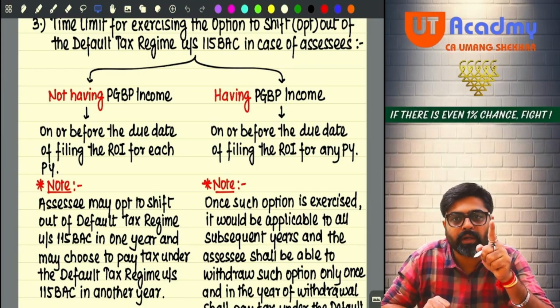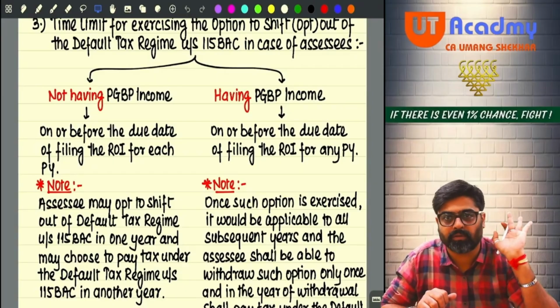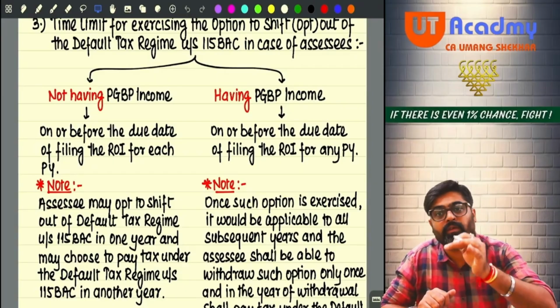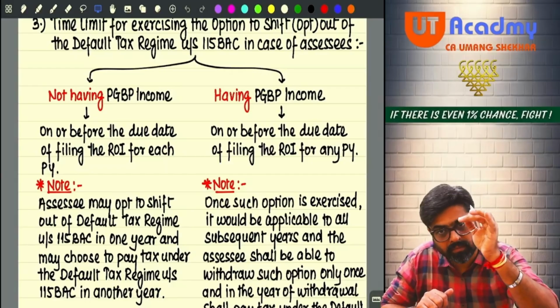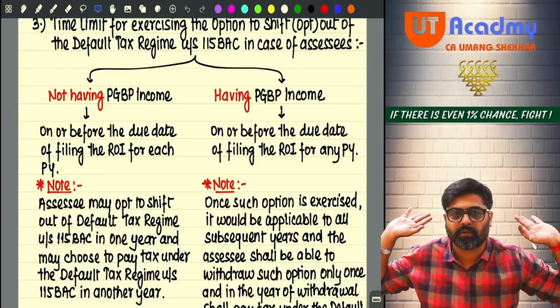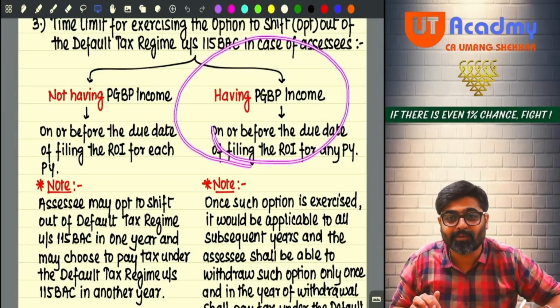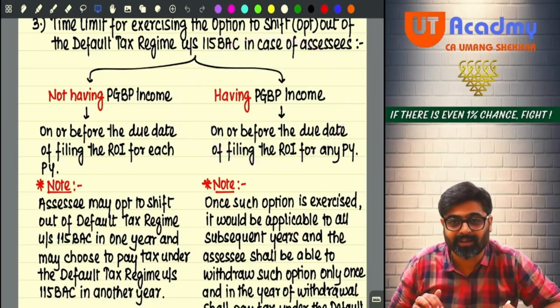If you don't take that option to shift out every year, that means you are following 115 BAC. And the year in which you have followed 115 BAC, from that year onwards, you stop getting this option. This is if you follow 115 BAC and are earning PGBP income.